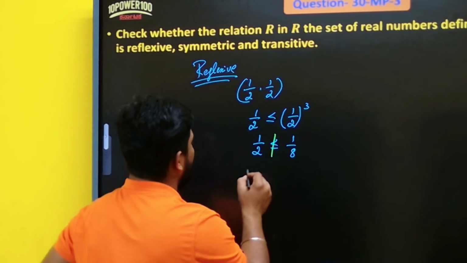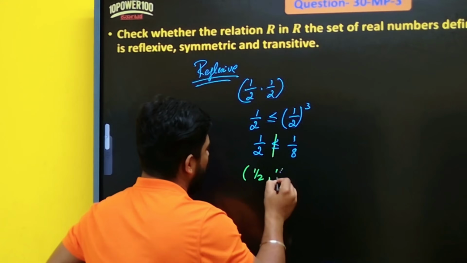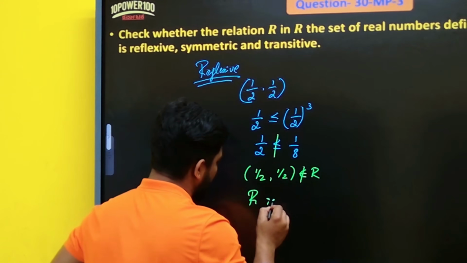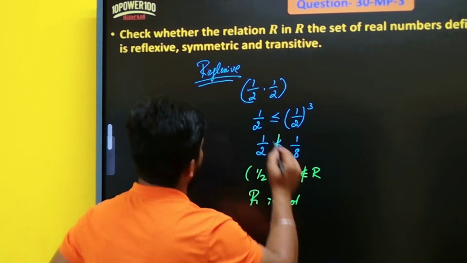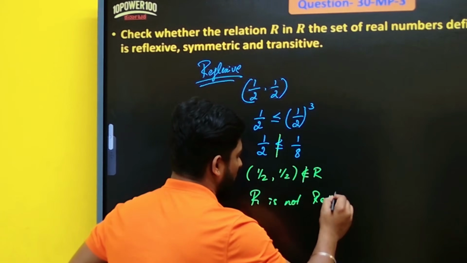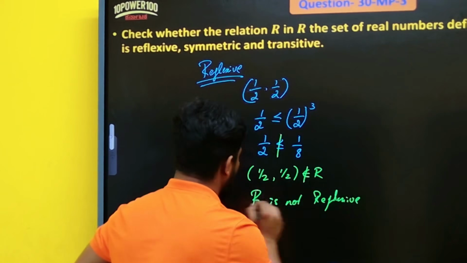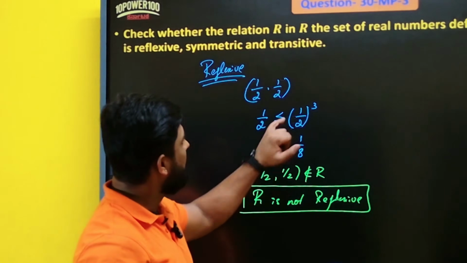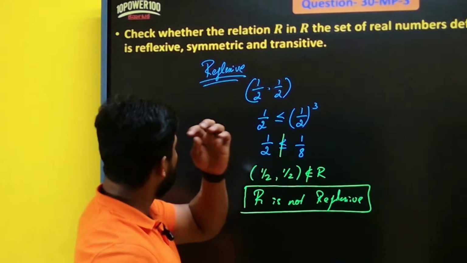So in this case this is false. So (1/2, 1/2) does not belong to R, hence R is not reflexive. Writing this much is enough. Remember this number, (1/2, 1/2), that's enough. So this is for reflexive.